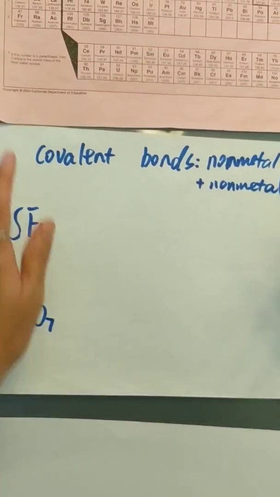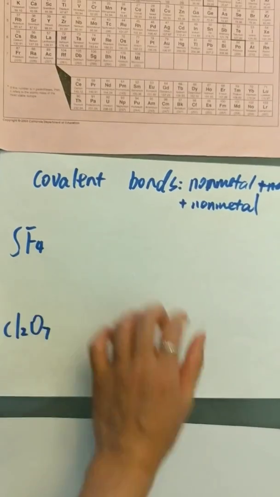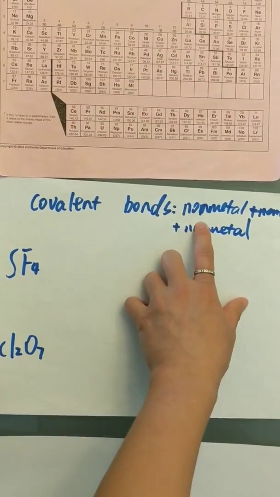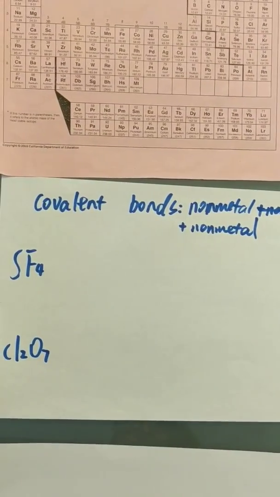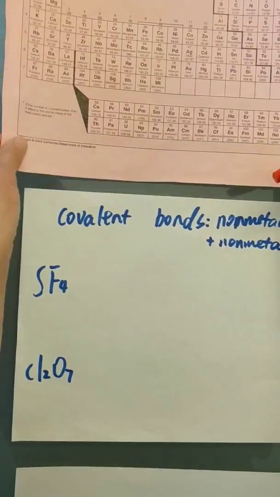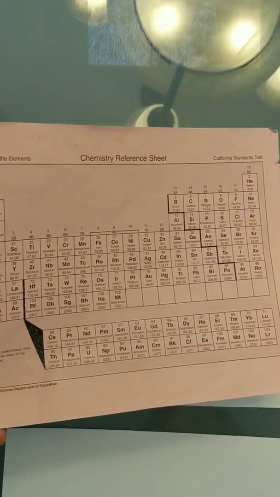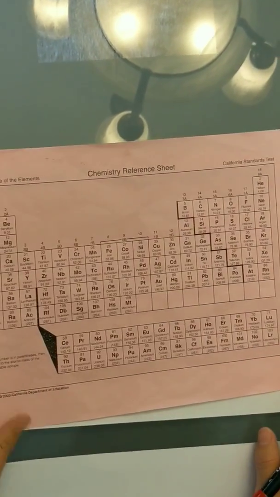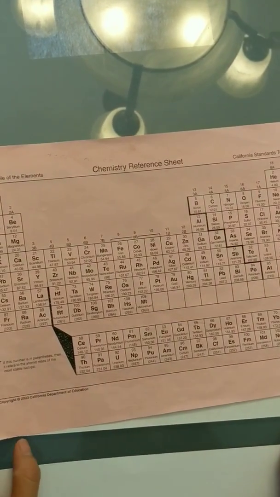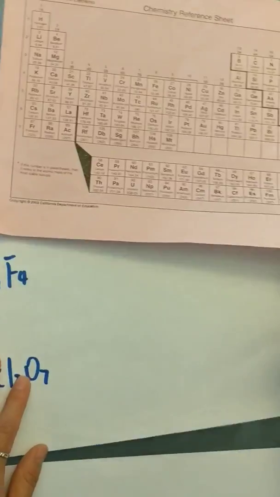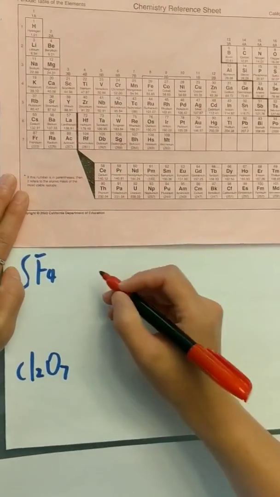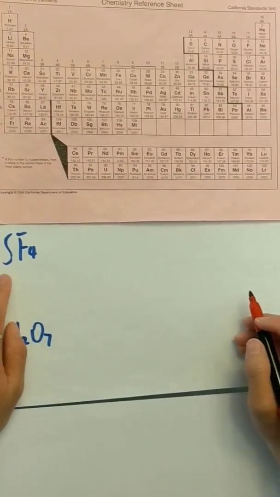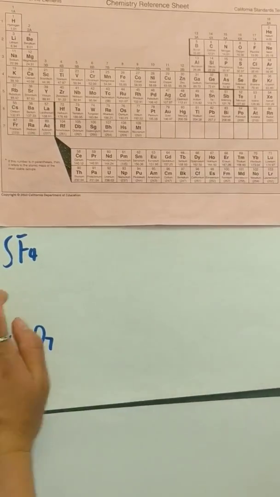Okay, let's move to the last one, how to name in covalent bonds. What is covalent bonds? That means nonmetal and nonmetal together. When naming a covalent bond, the first step is follow the rule.